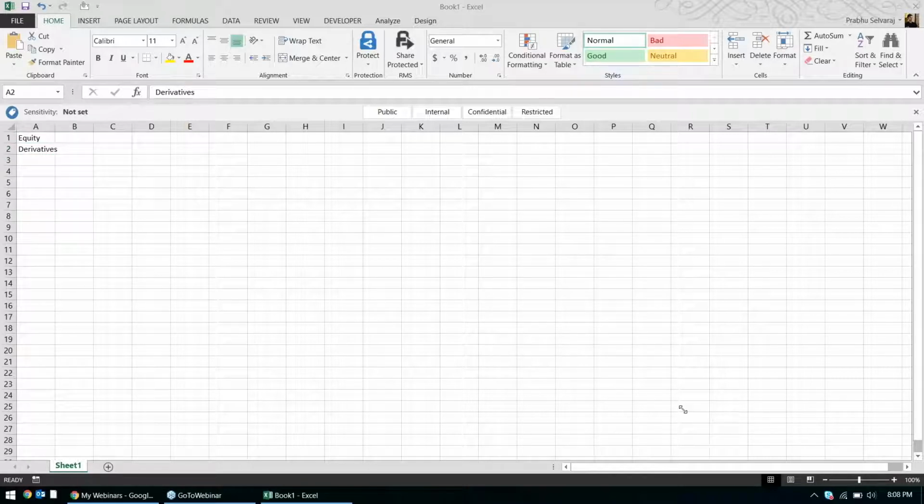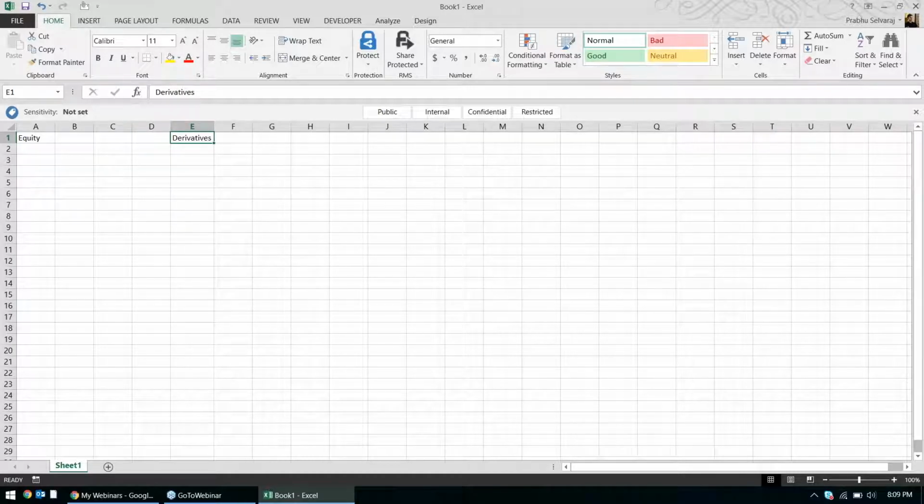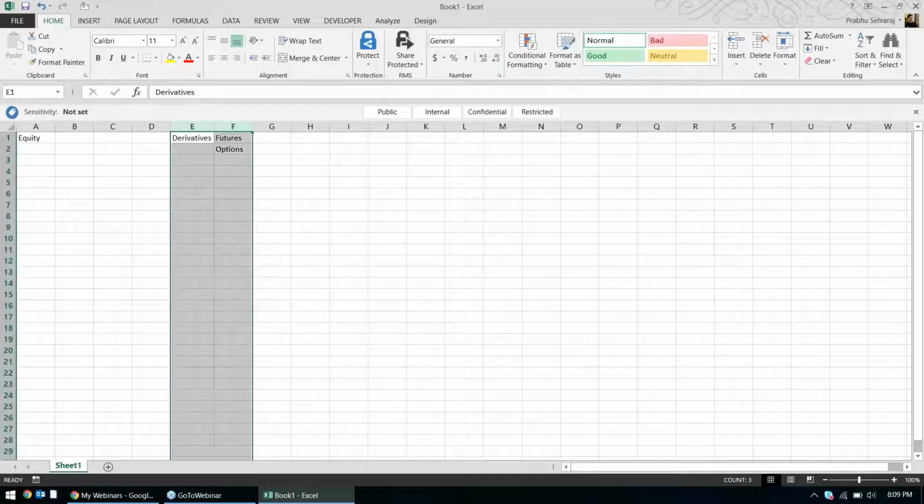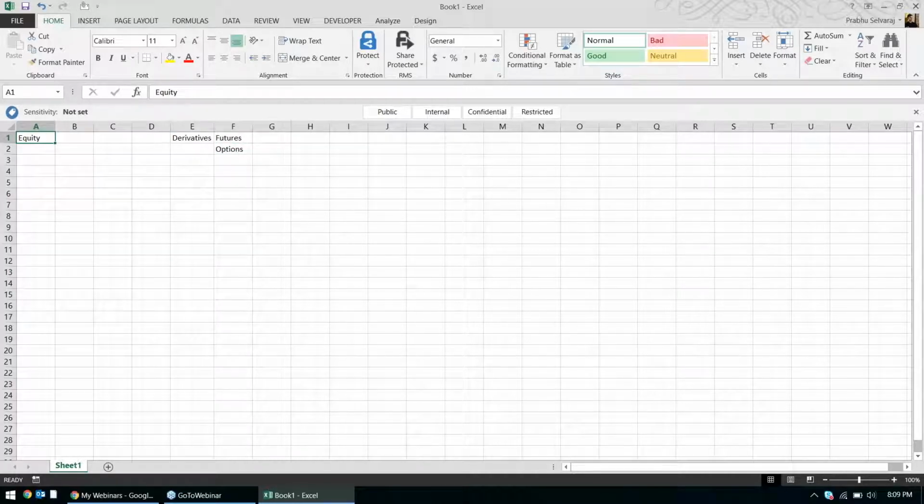Let me make this chat window smaller so that I don't miss anything important. Let us put this equity. Now let us know the difference between equity and derivatives. In derivatives, there are two kinds: futures and options. Equity we call equity trading, cash trading, or delivery based trading.